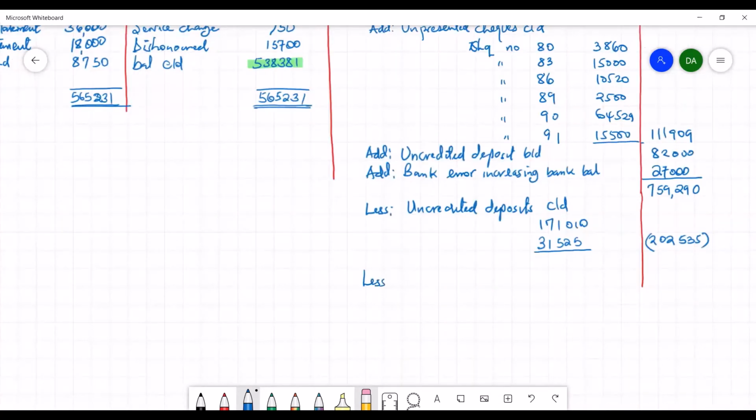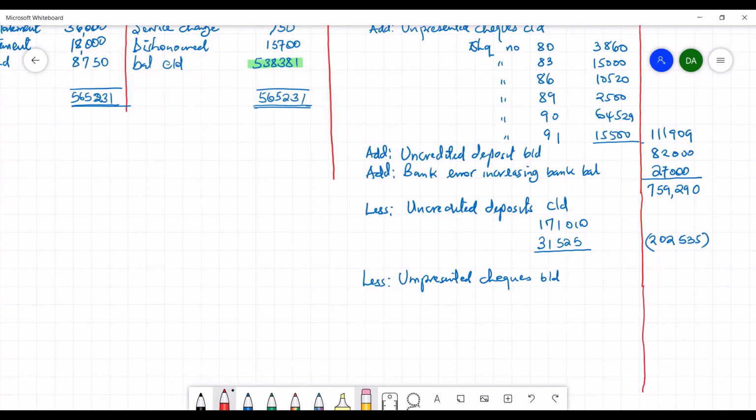also a subtraction of unpresented checks brought down, meaning unpresented checks at the beginning of the period. We had noticed that there are some checks at the beginning of the period which were unpresented, and therefore we need to subtract them. We do the opposite of what we did with unpresented checks at the end.